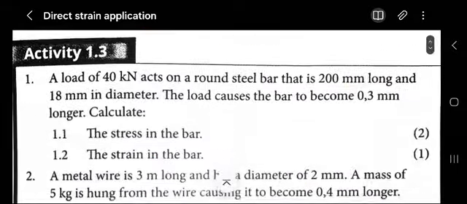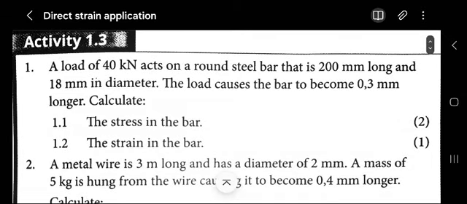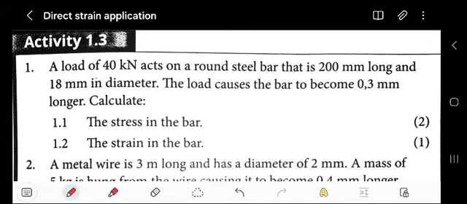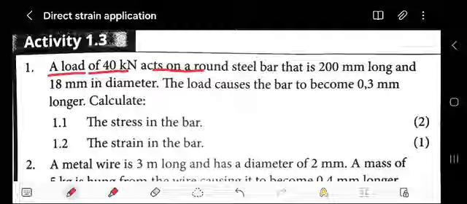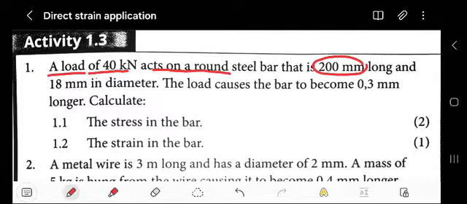Yeah, so we're done with this. Now we have activity 1.3, which says a load of 40 kilonewtons acts on a round steel bar of a given length and 18 millimeters in diameter.